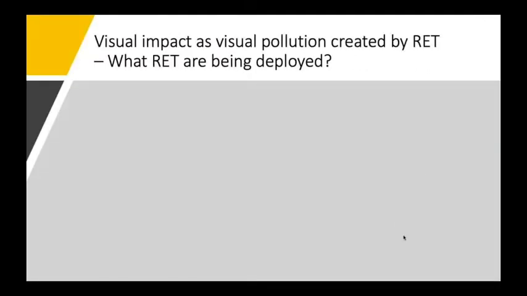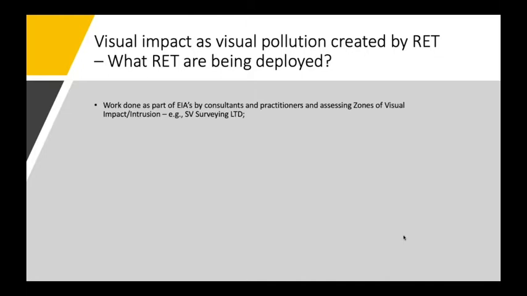And regarding the first one, this first dimension and this first strand of research has been looking mainly at what energy infrastructures are being deployed. We've called it a strand of research that mainly looks at visual impact as visual pollution created by renewable energy technologies.